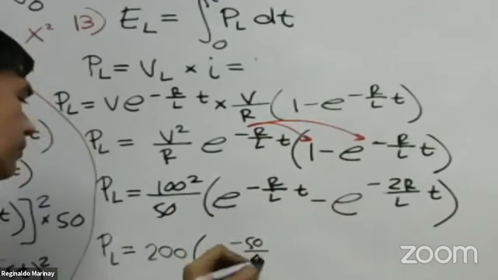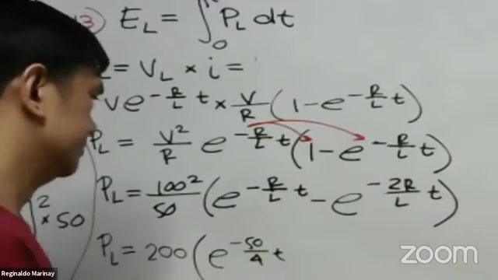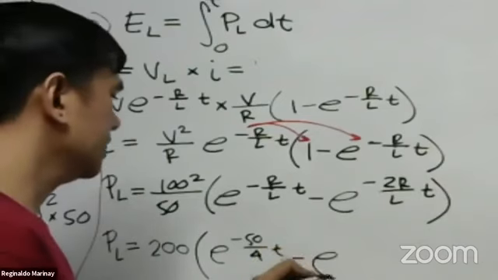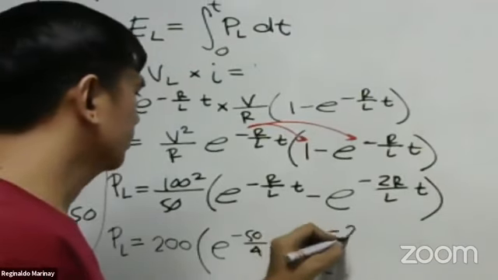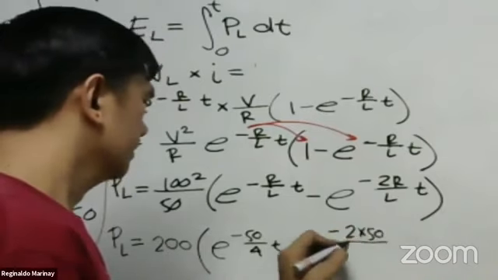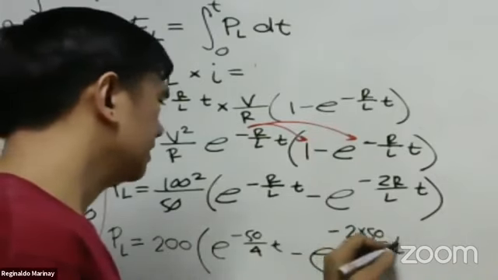Our L is 4 times T. So this is minus E raised to negative 2 times 50 over 4 times T.